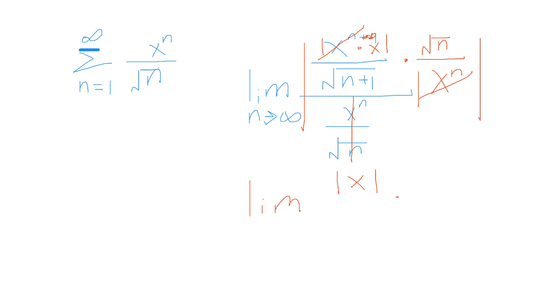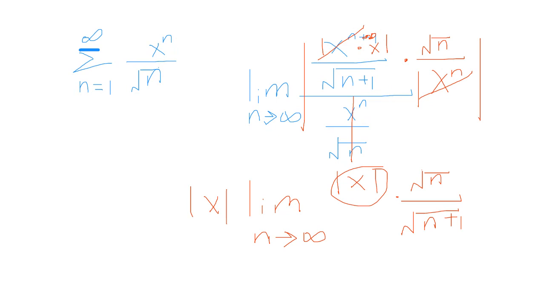What about the n term? I have square root of n divided by square root of n plus 1. So when I take a limit, absolute value of x has nothing to do with n because the limit is in terms of n. I can pull this absolute value of x outside.